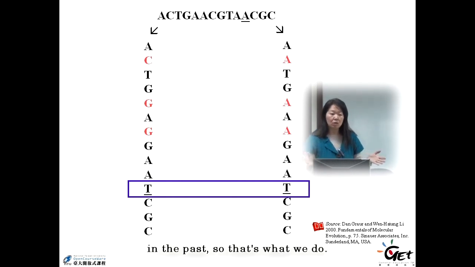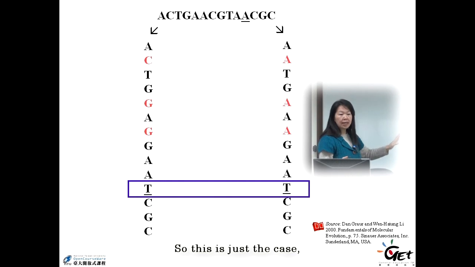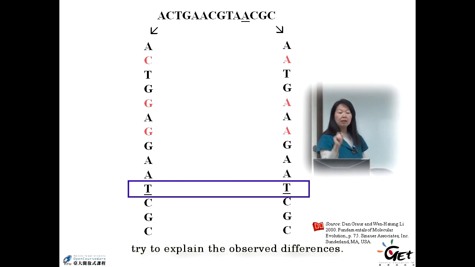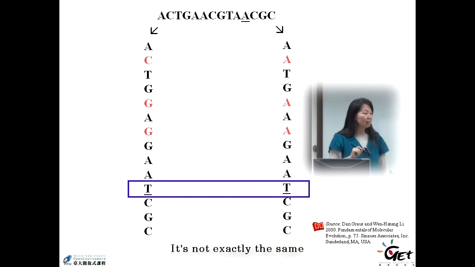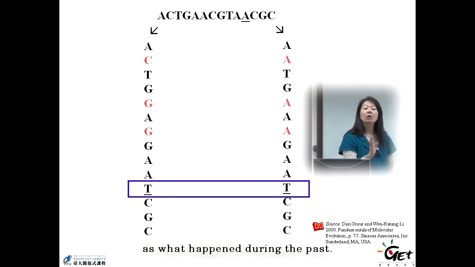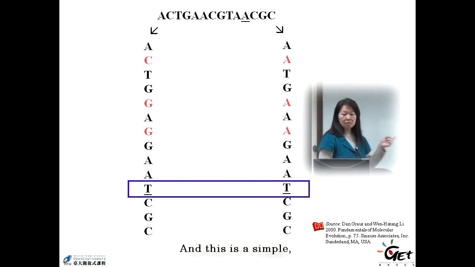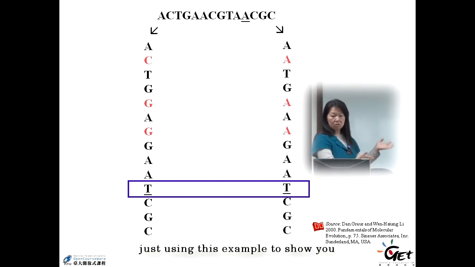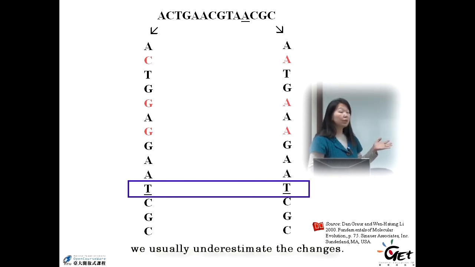This is just a case to explain the observed differences. It's not exactly the same as what happened in the past, and this example simply shows that we usually underestimate the changes.